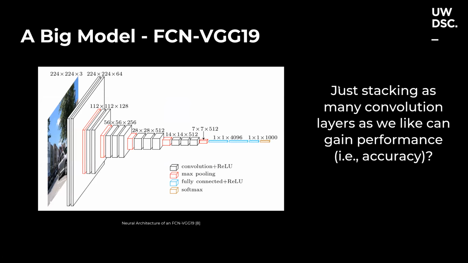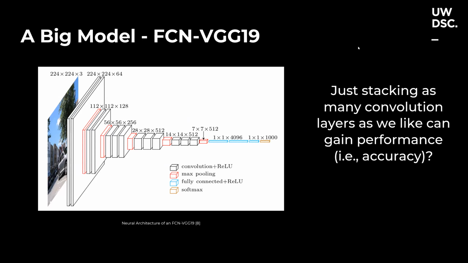And if we take a look at a larger model named VGG19, it was pretty popular. If you look at the architecture design, you can find patterns pretty much the same as AlexNet, just stacking up many convolutional layers, reducing the width and height by 2, and just keeping on increasing the number of channels.